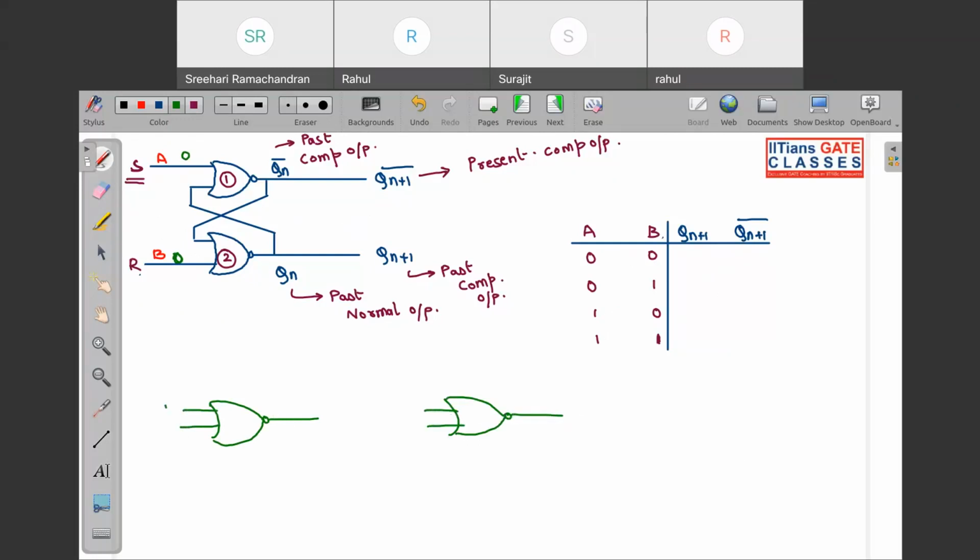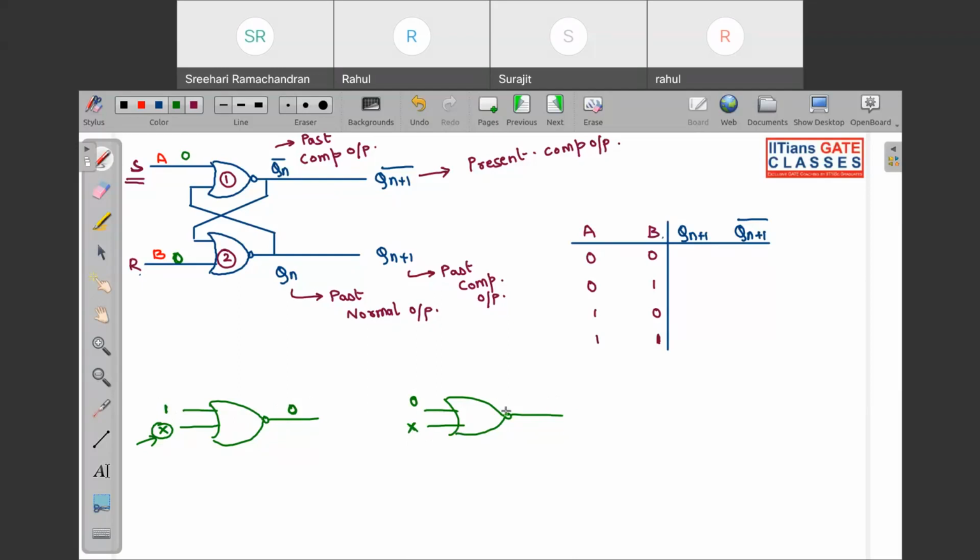See, in a NOR gate, if one of the inputs is 1, it doesn't matter what the other input is. Immediately we can say the output will be 0. If one of the inputs is 0, then we cannot make a comment about what the output will be.